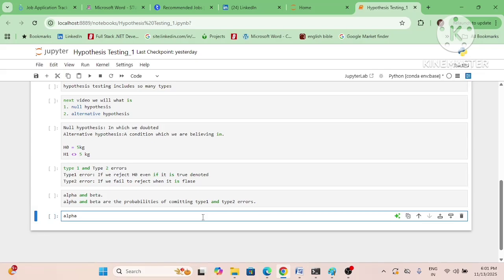Alpha is generally referred to as the significance level, and it is generally 0.05 or else 0.01.